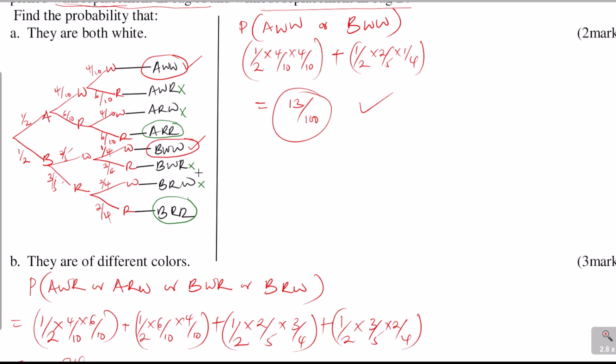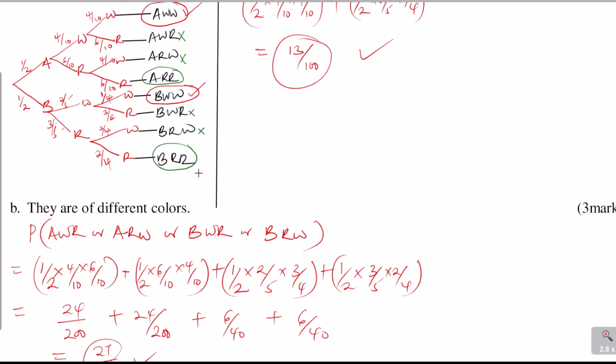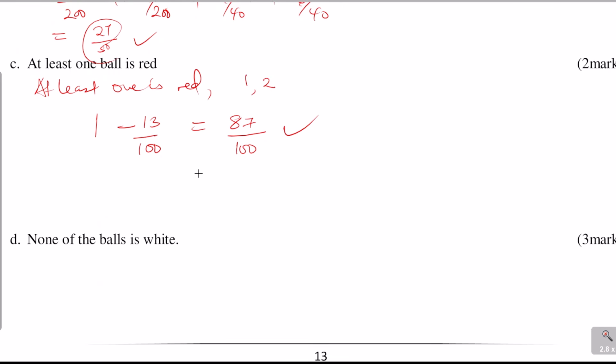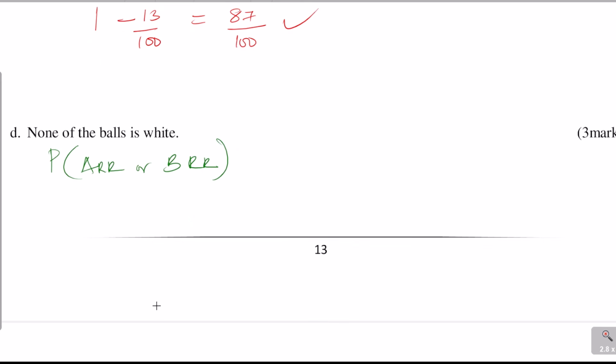So red, red. So we have a half times 6 over 10 times 6 over 10, because we don't want any place where we have white. None is white. So that means we require the probability from A, red, red, there is no white, or from bag B, red, red. In those two instances, none of them will be white.